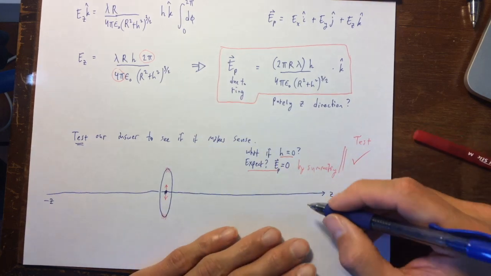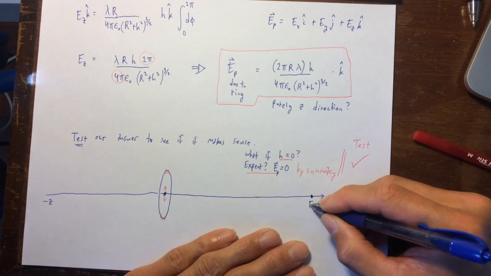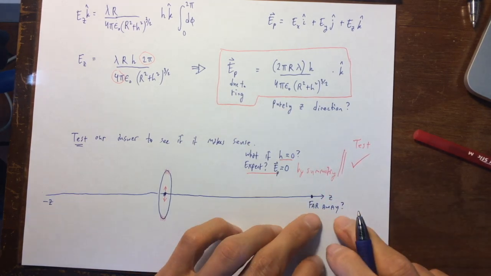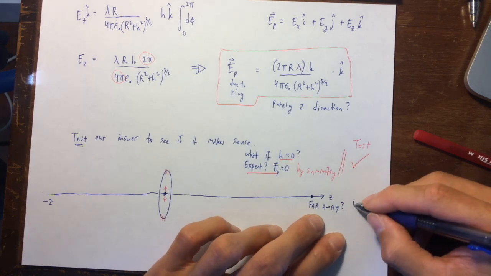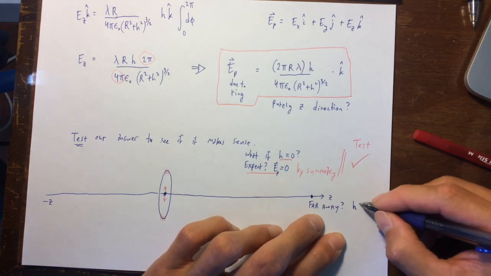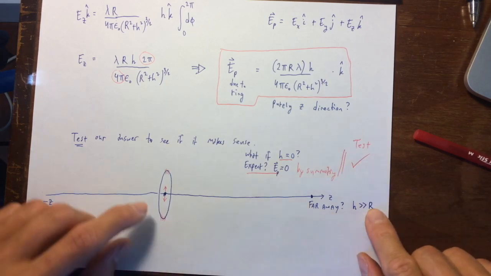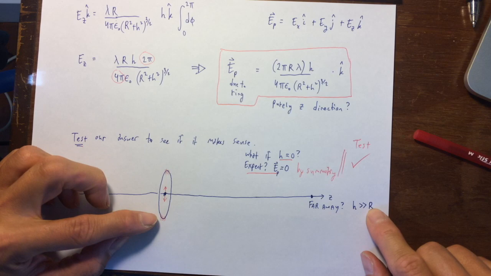What if we go far away? Far away means that we go far enough away, with h such that, in a sense, it's way bigger than the size of the distribution here.